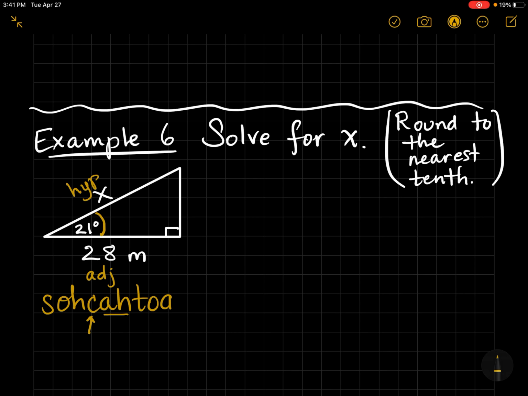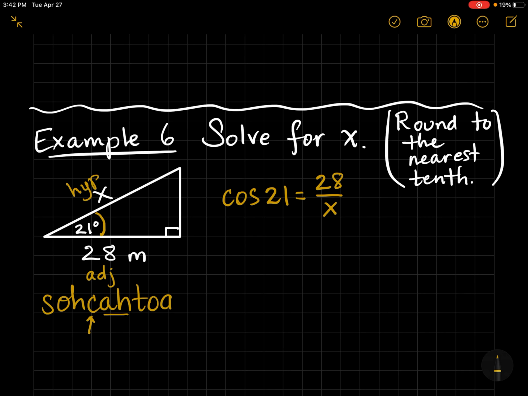Now, you could definitely use the reciprocal functions, but you don't want to do that because the reciprocal functions are not on your calculator. So you want to stick to sine, cosine, or tangent. So the cosine of this angle is adjacent over hypotenuse.